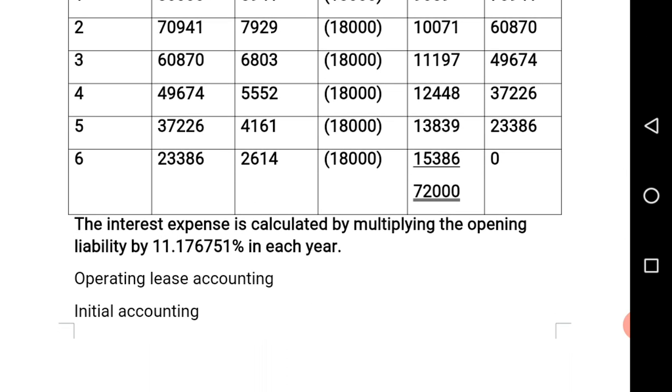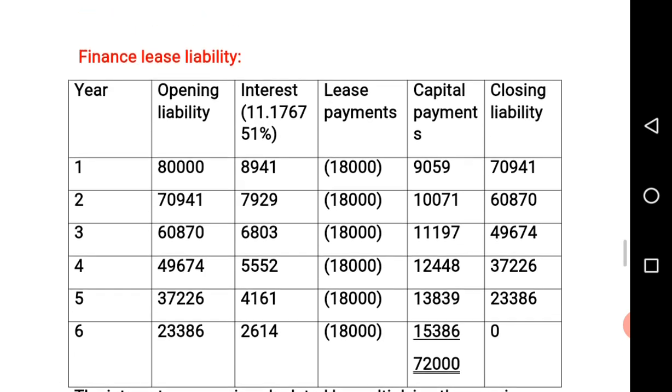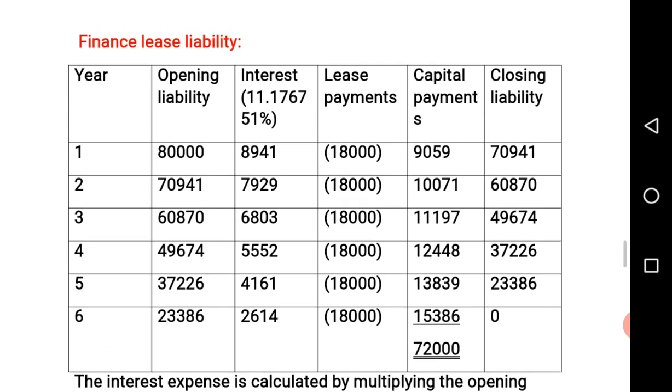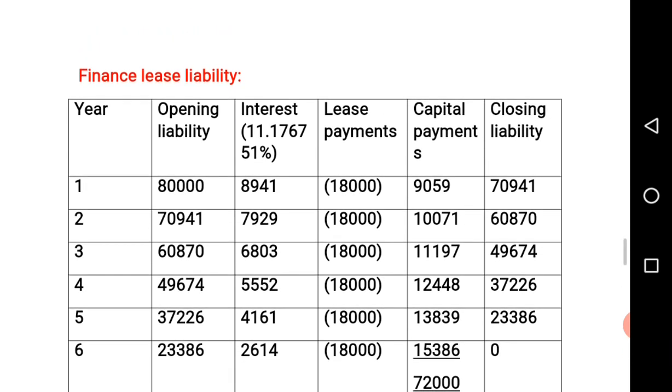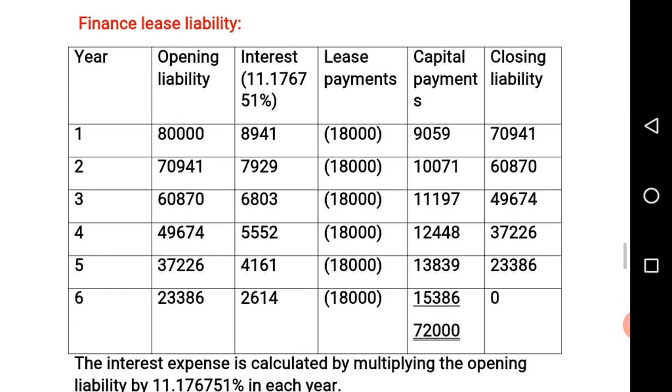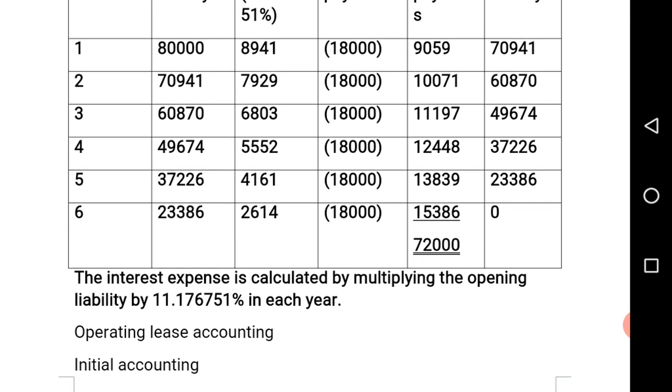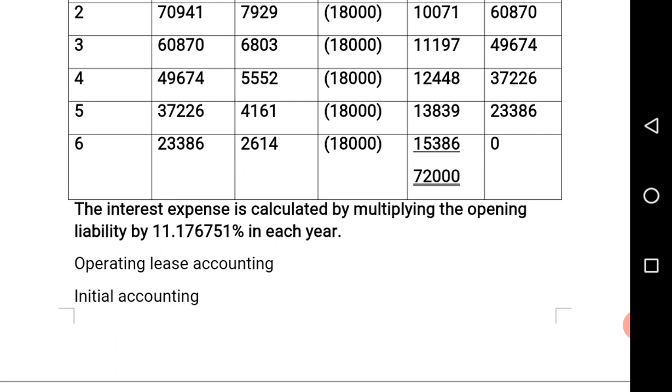It says the interest expense is calculated by multiplying the opening liability, which we have here as 80,000, by 11.17671, the implicit interest rate, which we got here, and we got it as 8,941 in year 1, 7,929 in year 2, 6,803 in year 3, 5,552 in year 4, 4,161 in year 5, 2,614 in year 6.